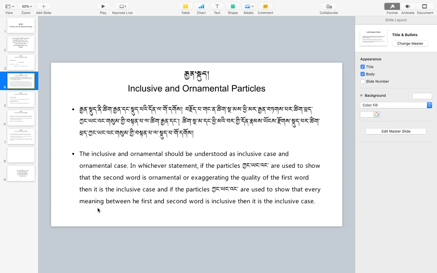And the particle that is used to show the relation between both of these ornamental words, and to function in a way that the second ornamental word exaggerates the first one, this type of usage case is known as ornamental case.